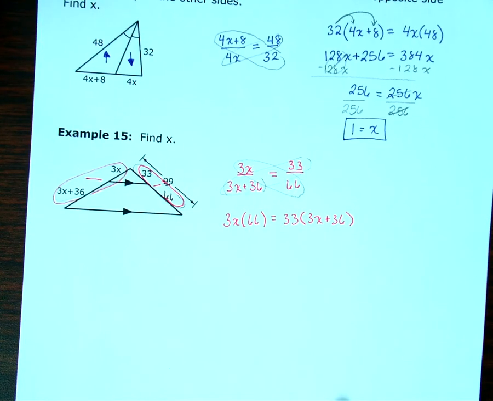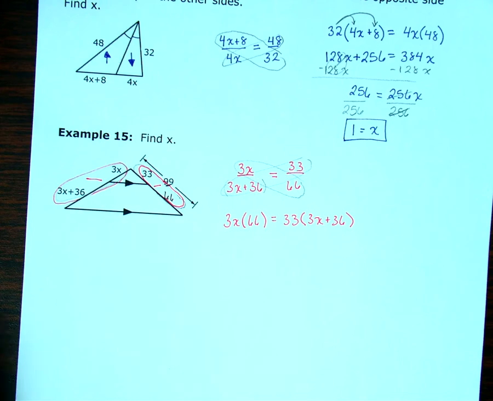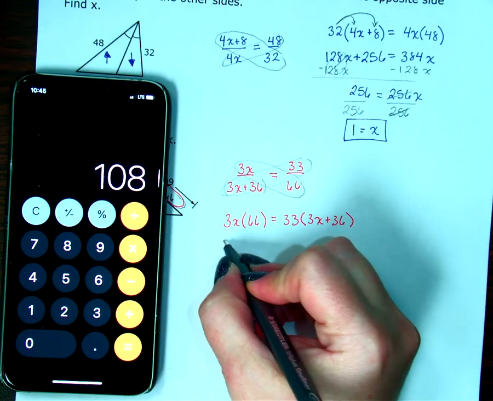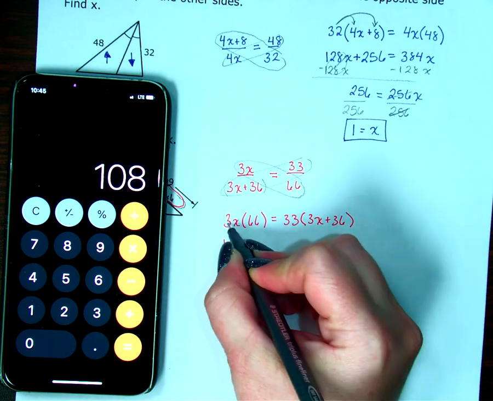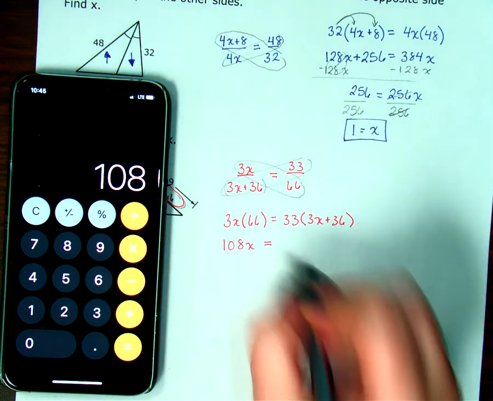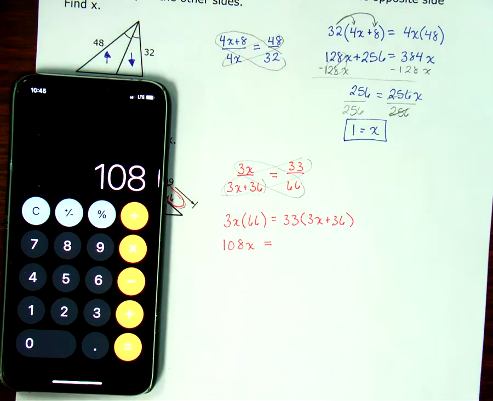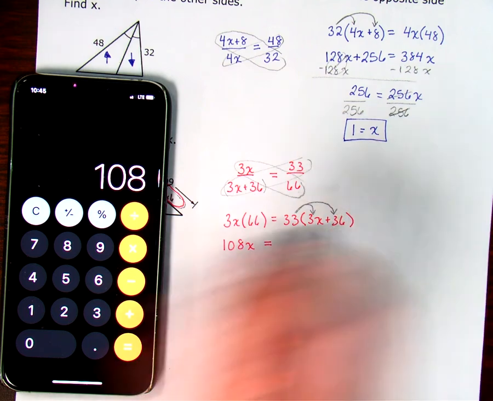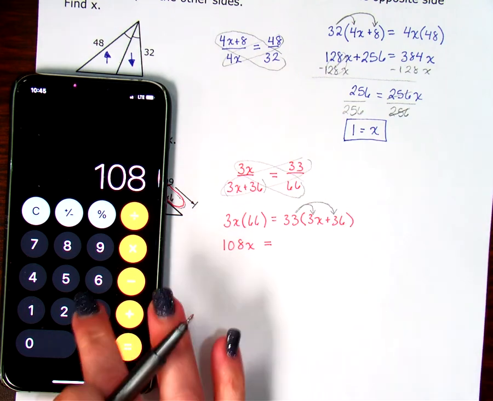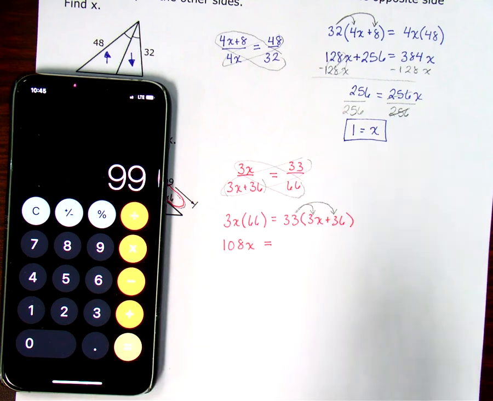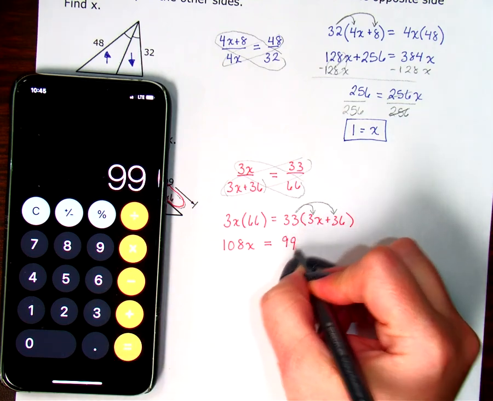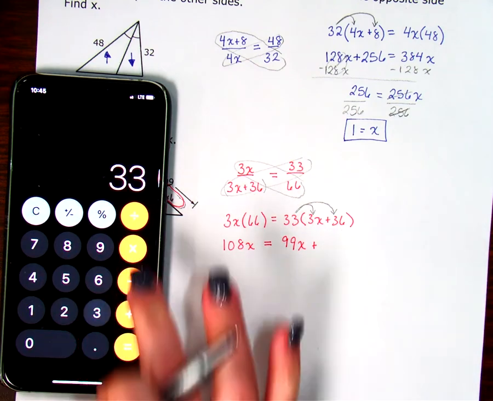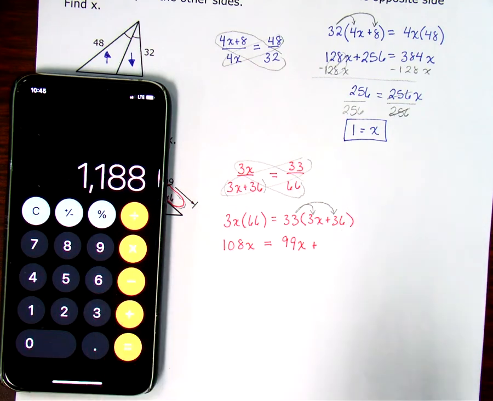Now I'm ready to multiply. 3x times 66: 3 times 66 is 198, so 198x. And on the other side, I have to make sure I distribute that 33 to both of those terms. So 33 times 3x gives me 99x, plus 33 times 36 gives me 1,188.